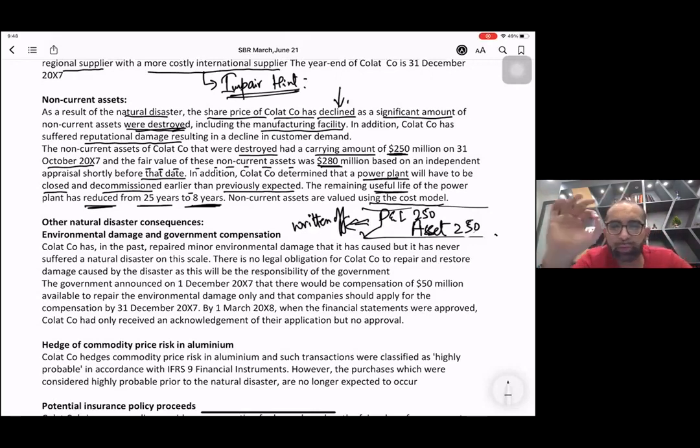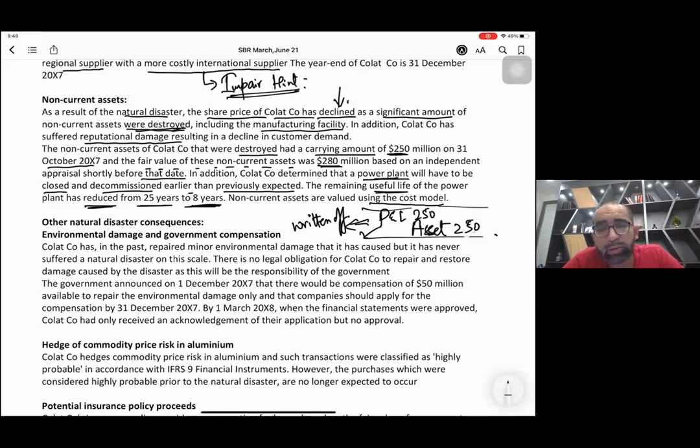Now, first of all, I will discuss this decommissioning liability in detail. Don't worry, I will. Let me tell you some very basics, O level, A level, F3 level discussion. This is the case of changes in useful life.